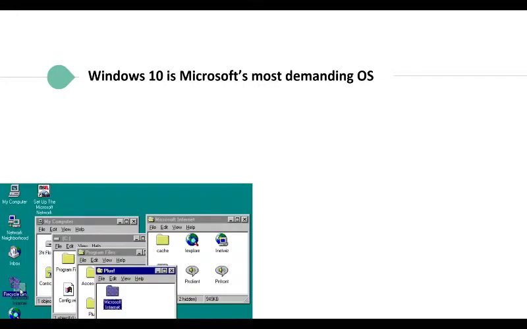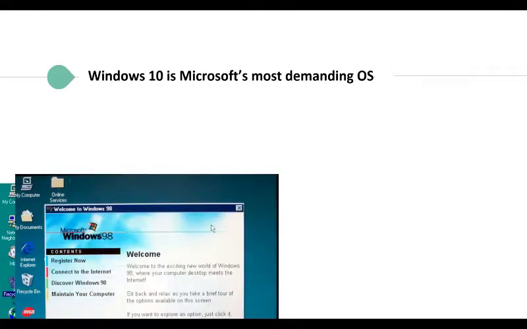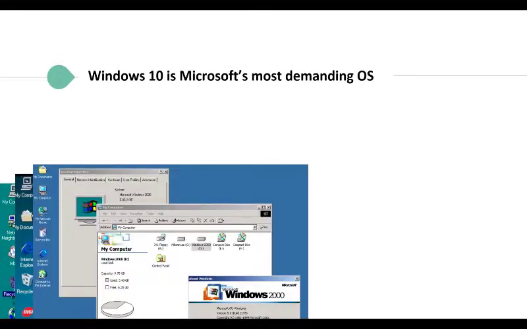Okay, so this slide comes from a marketing team, but I kind of like it. It shows how operating systems have changed over the many years. I think my first computer was an Intel Pentium 75 megahertz with Windows 95 on it.